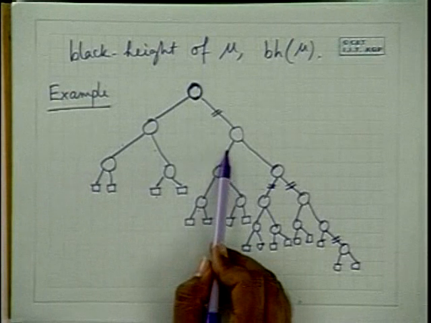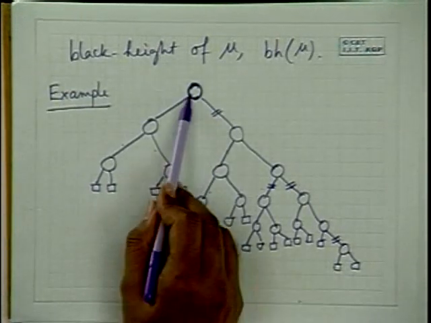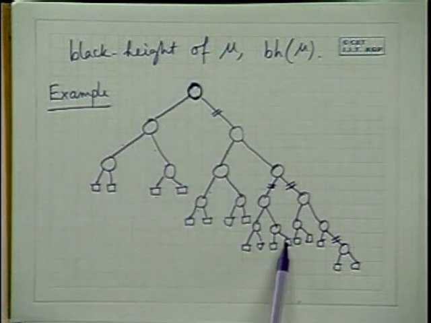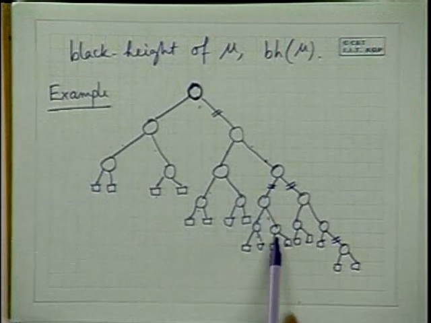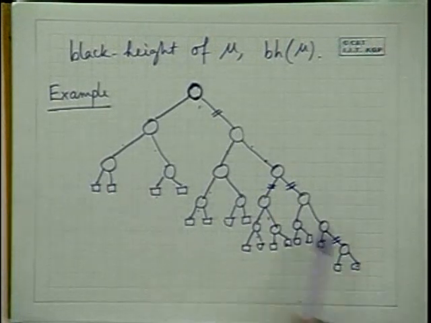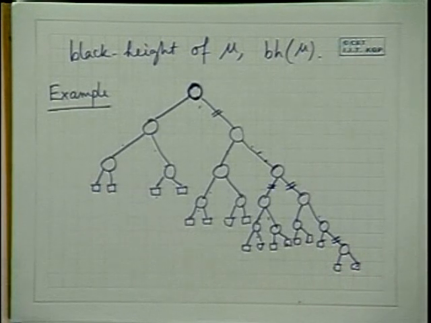Because this is red, the black height is 1, 2, 3 from the root. So any leaf from the root has the same black height. Actually, if you take any node, it has the same black height. So this is a valid red black tree.